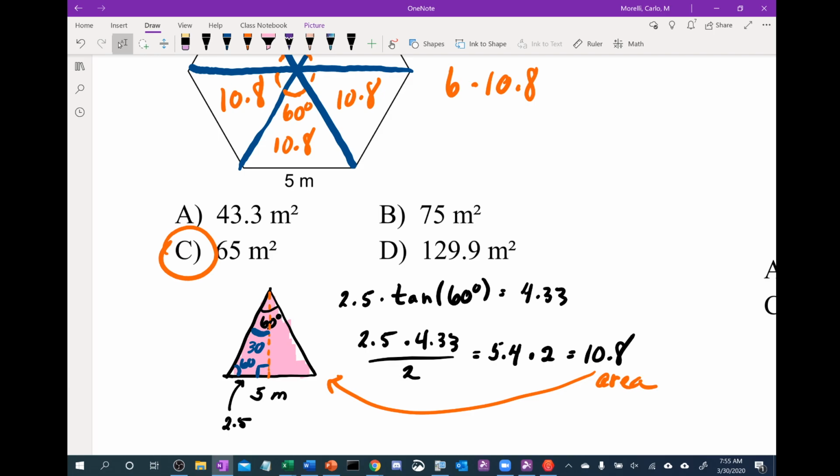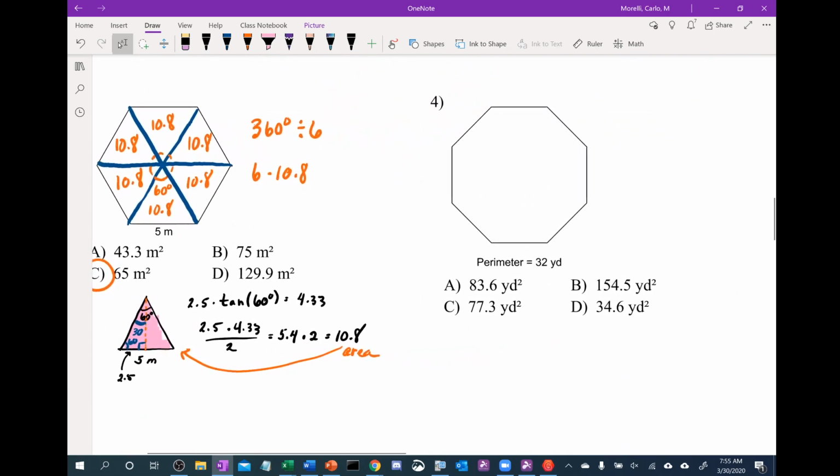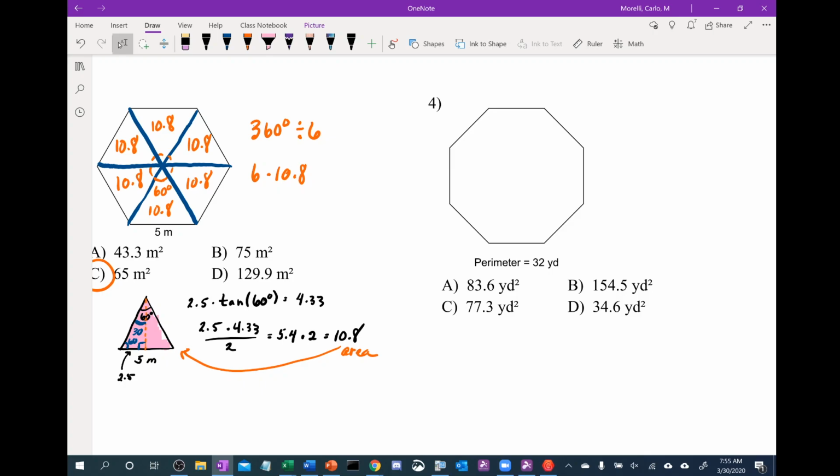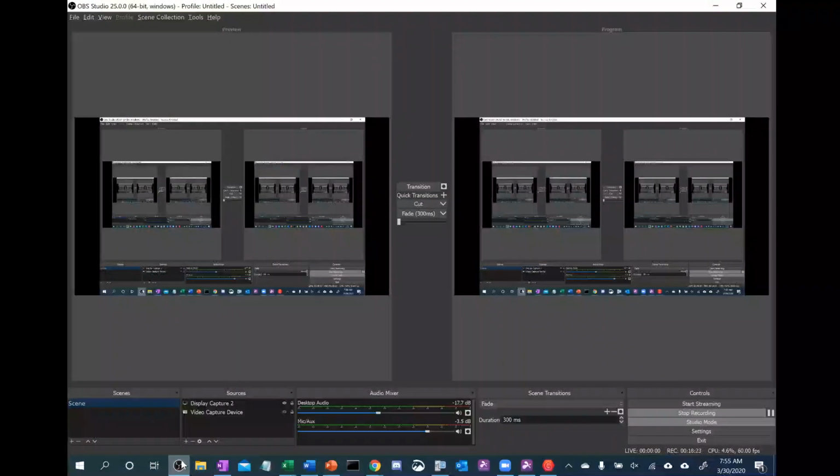Okay, so now that we've got that one done, we can move on to the next shape. Okay, so the next shape is an octagon, like a stop sign. Let me just do a quick check in OBS to make sure the recording is still going.